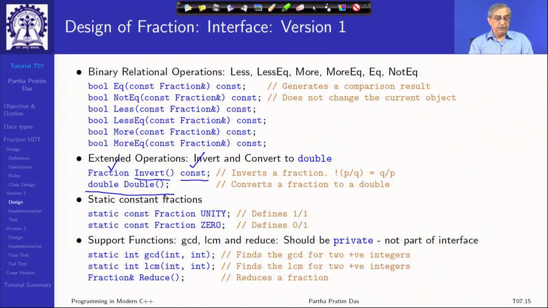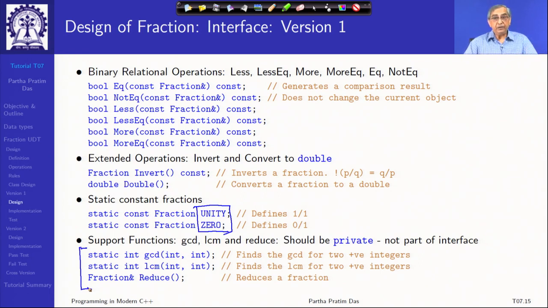This is kind of a conversion function. In addition to that, we define some unity fraction and 0 fraction, because they will come in handy for writing the code. And we have the support function for GCD, LCM.